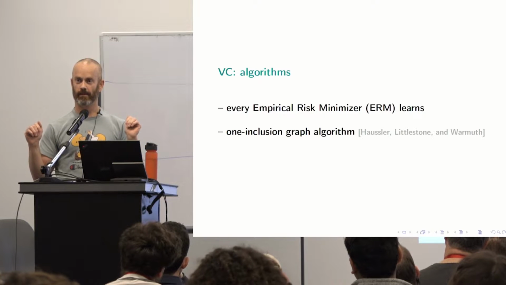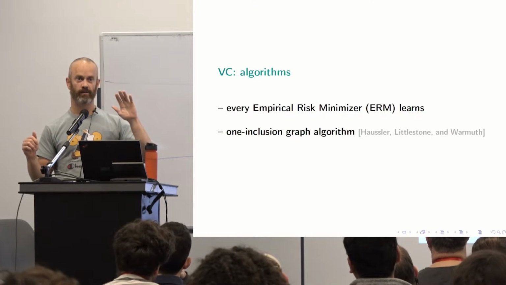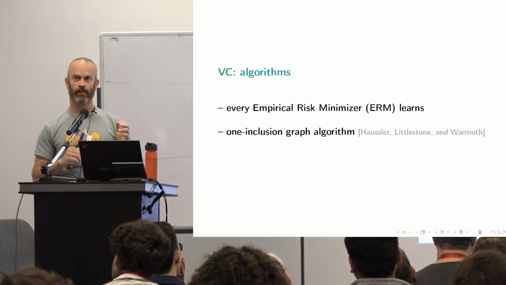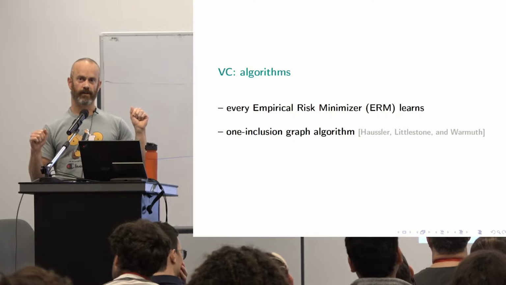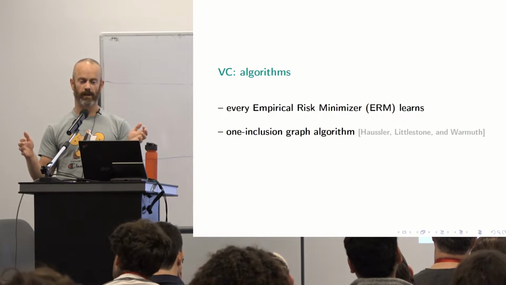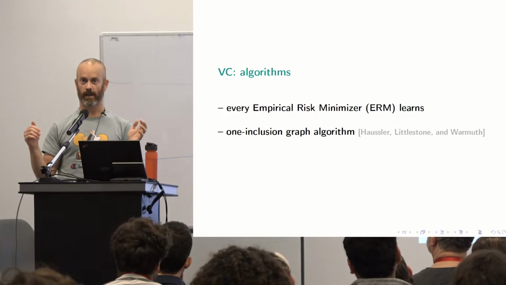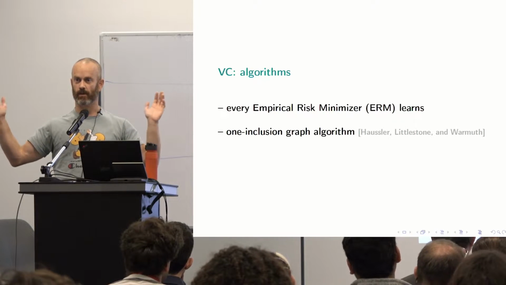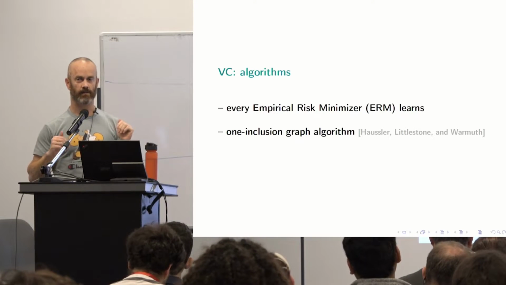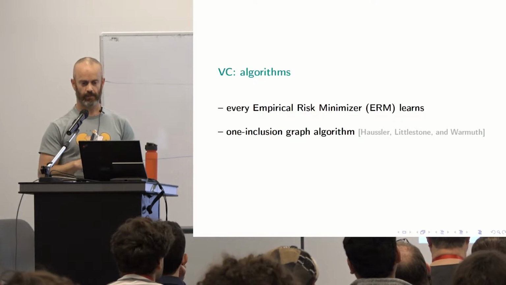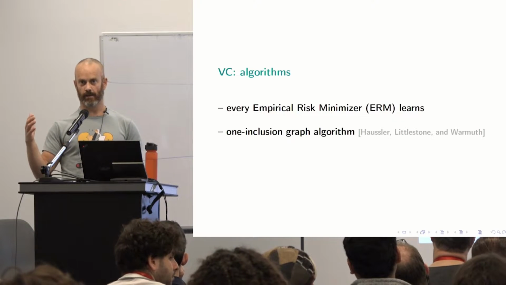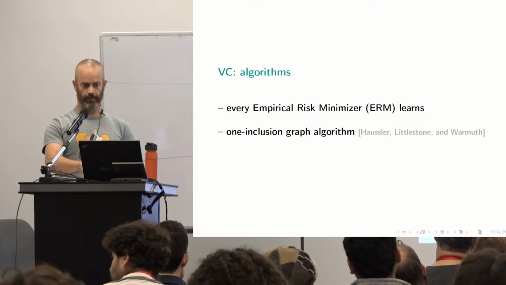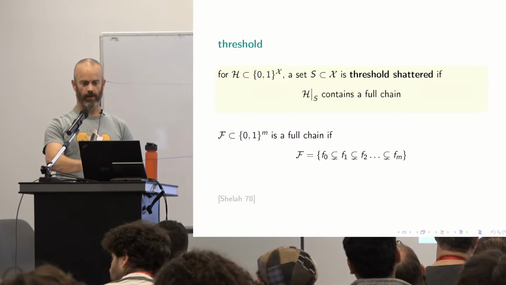Then we learn. So an ERM is a good choice for PAC learning. This is one important idea. And the second important idea is that there is a specific algorithm, which is called the one inclusion graph algorithm. I will tell you about it later. It's a very nice algorithm and completely abstract, so it can be used in many settings. I will try to explain it later. So these are two algorithmic parts in this theory.